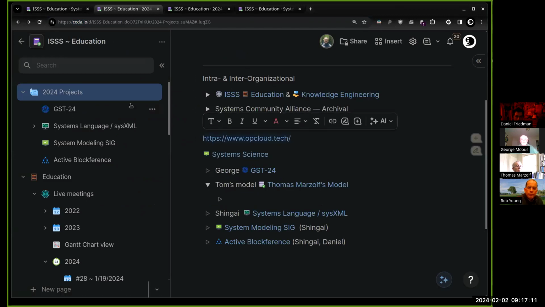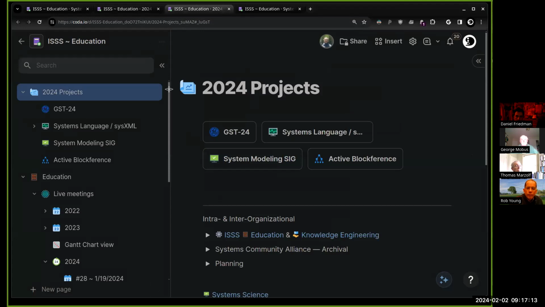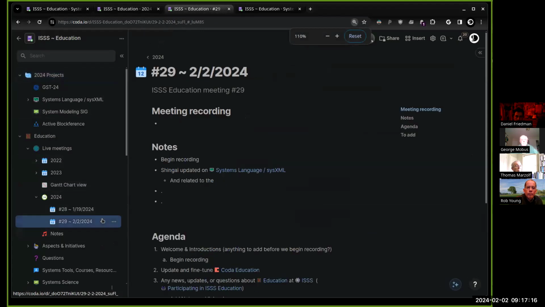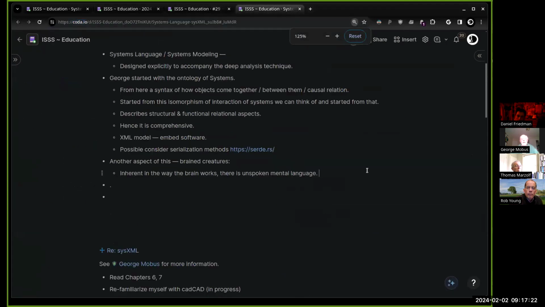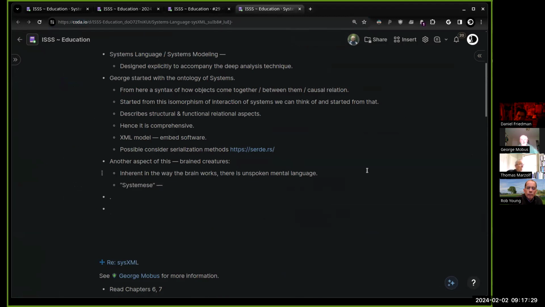So there's a distinction between systemese and the system language that Shingai and your programmer are working on? Well, no, not in the sense that systemese is our evolved language of systems, and I moved that from the implicit to the explicit in the system language covered in the book, which is what Shingai is working on.